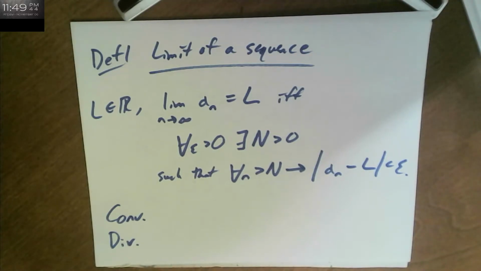So a sequence can converge to L, or a sequence can diverge, that there is no limit. As before, if the limit is infinite, that is a special case of divergence, right? A sequence can diverge to infinity, or it can diverge in that there is no meaning to the limit at all. Both of those are forms of divergence.